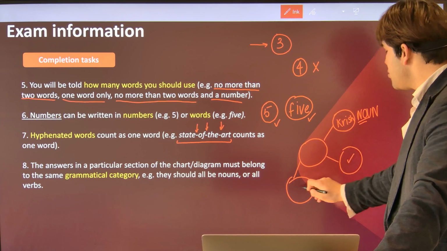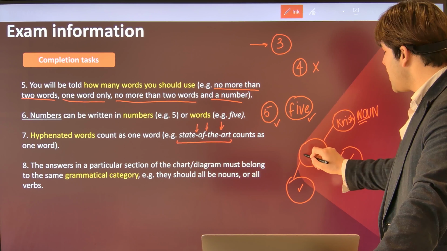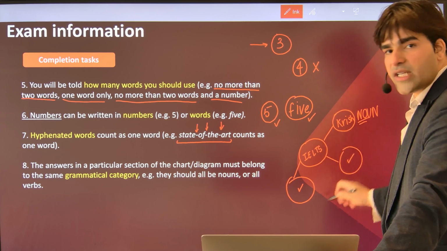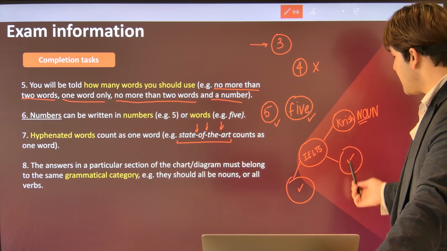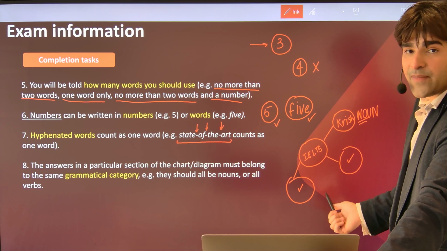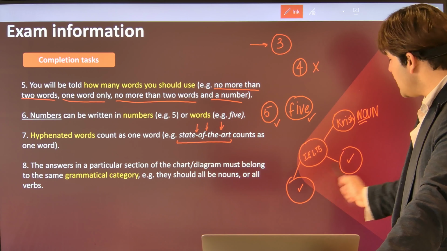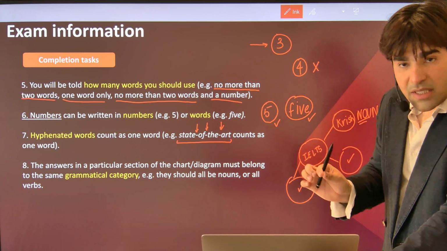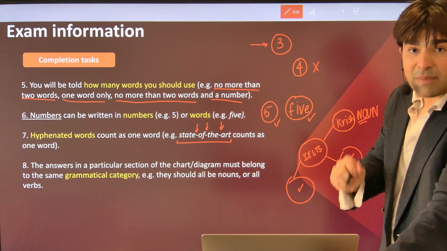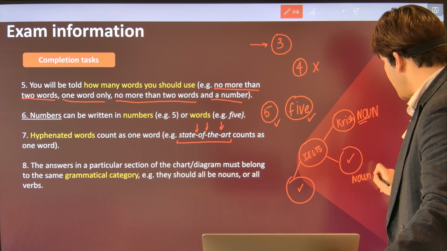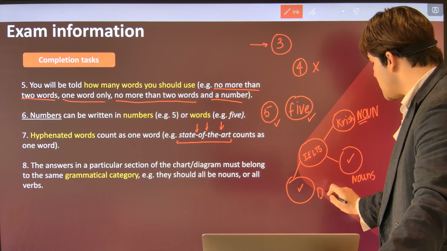In the next 2 words, if you're talking about the names of, let's say, IELTS teachers, there are 3 teachers. There's Krish. There are 2 more teachers at, let's say, English speaking practice Cambridge Veritas. Then here, the fact is, you have to write nouns only. Please remember that. Here, you can't write dance.